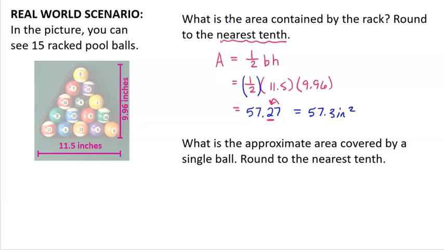And then it says what is the approximate area covered by a single ball, round to the nearest tenth. And so we're just going to take this area and we're going to divide it by 15. We're not going to account for all of this space in between. There are ways for us to figure out a little bit deeper as to what the area of each ball would be, but we are just going to do 57.27 divided by 15.